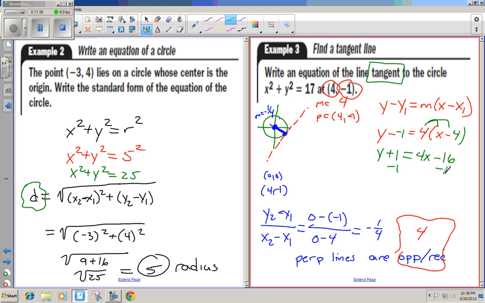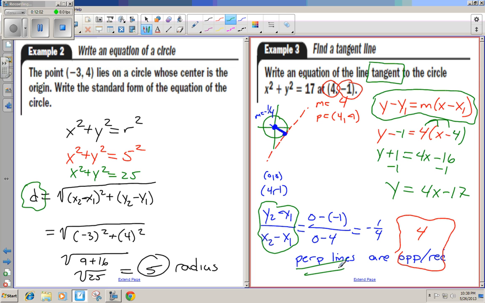Subtract 1 from both sides, and now you have your equation. Y equals 4x minus 17. So here we incorporated many things from the whole year. The slope formula, long time ago. The point slope formula right here. Understanding perpendicular lines, and we related it to circles.